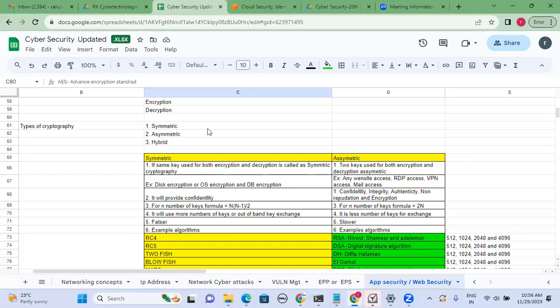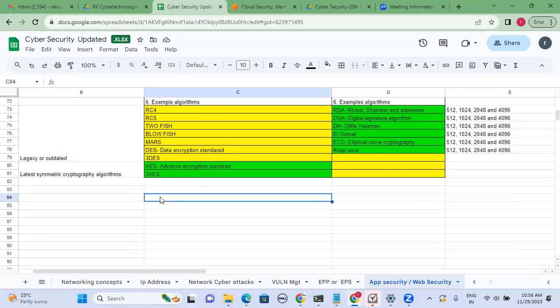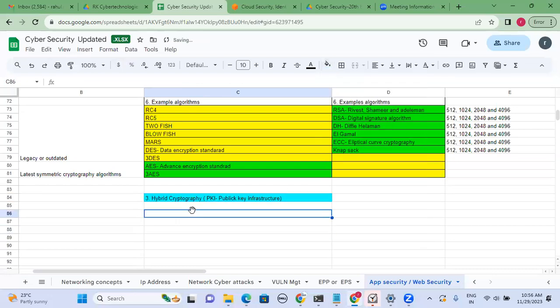What is the next one? Hybrid cryptography. Hybrid cryptography is also called PKI, Public Key Infrastructure. Now I will explain about keys first.